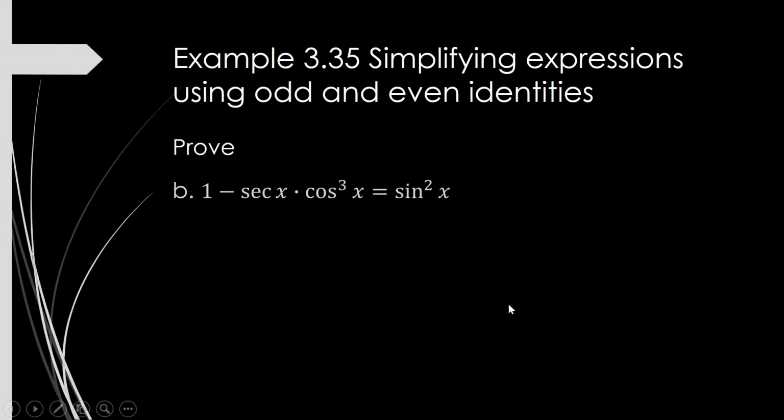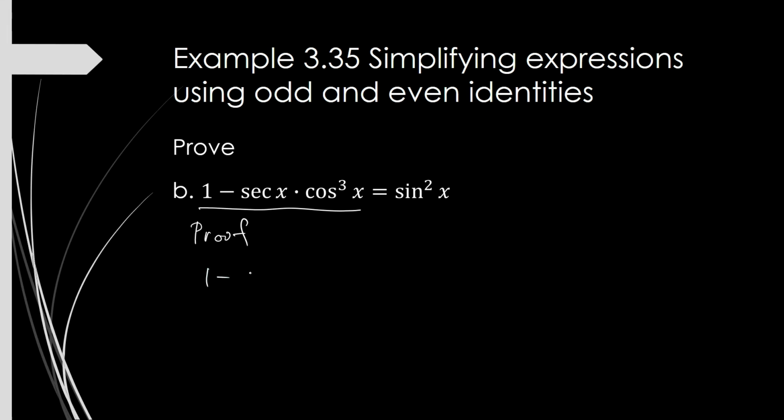Prove that 1 minus secant of x times the cube of cosine of x is equal to, again, the square of sine of x. You write the word proof, and let us see how this will look when we apply some fundamental identities.